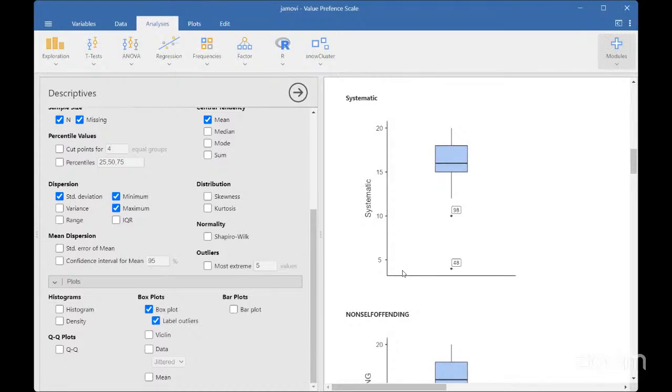Systematic, you will find only 2 outliers, 98 and 48. So they do not prefer the systematic path orientation. Only 2 outliers are there.